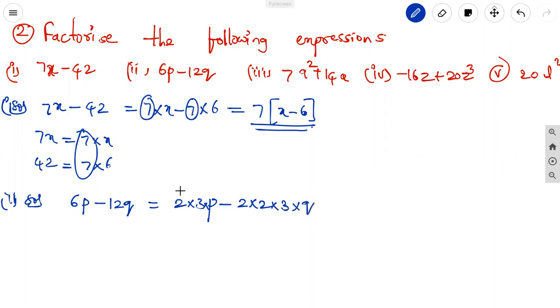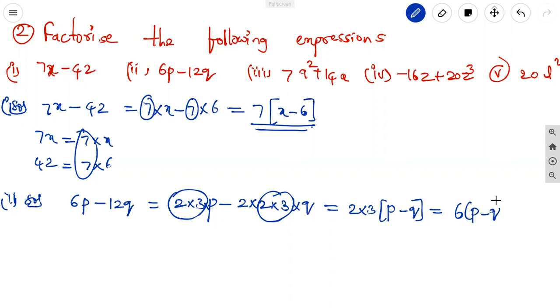Okay. 2 into 3 is the common number in the two terms of the algebraic expression. So we can take out 2 into 3, write the remaining terms p minus q. It is equal to 2 3s are 6 into p minus q, which is the factorization.